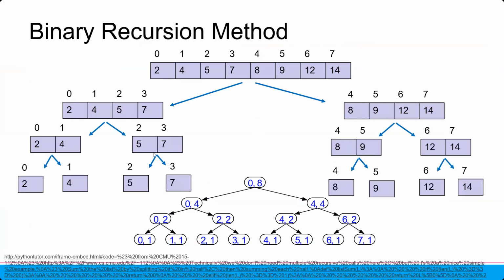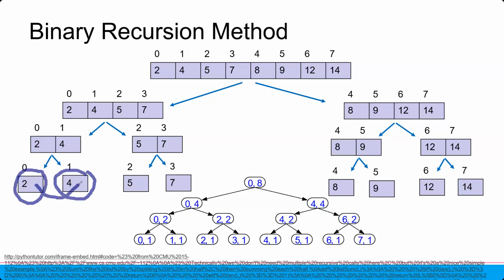And then we again split to the left and to the right. After this, because this is the last one, and this is the last one, then we will do the summation.